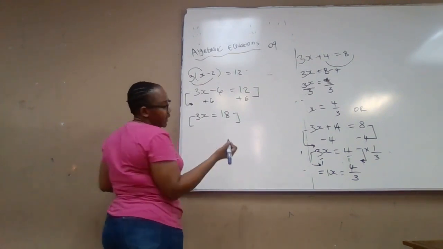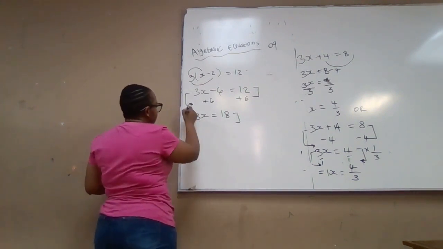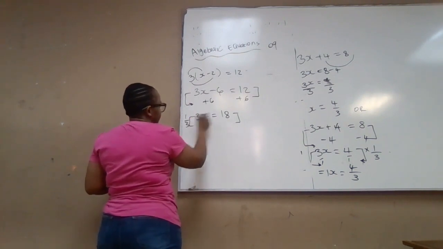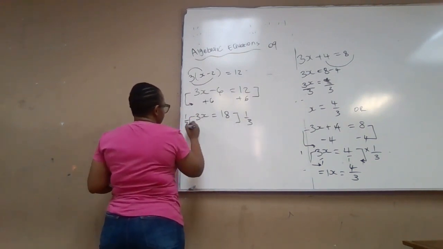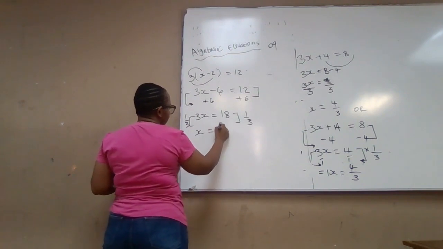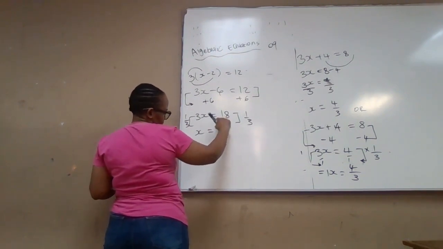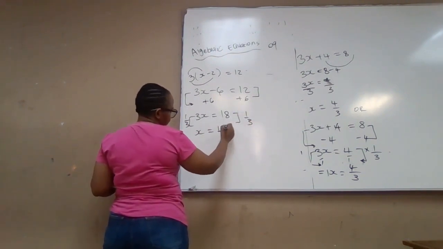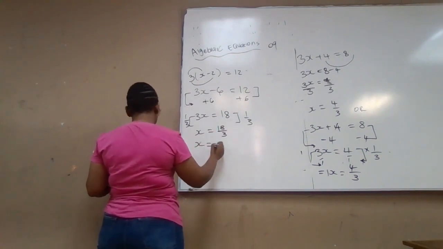All right, so the multiplicative inverse of 3 is 1 over 3. Now you're left with x equals 18 over 3. X equals 6.